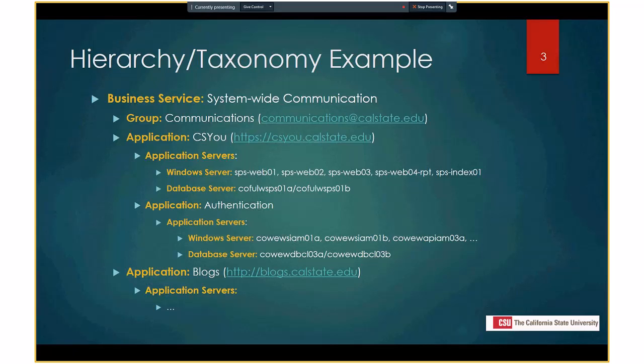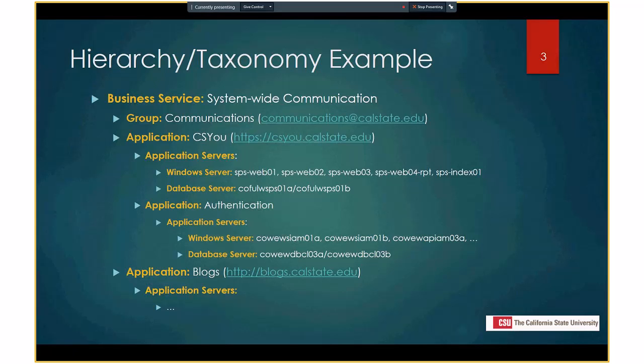It runs on various application servers. We have Windows servers, which are our web servers and our index servers. There's also a database server involved. But CSU also has another application that is required, which is the authentication application, to allow for single sign-on, so the various campuses can get into the CSU.